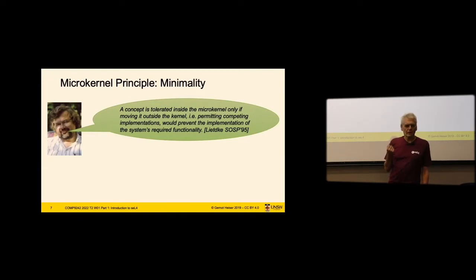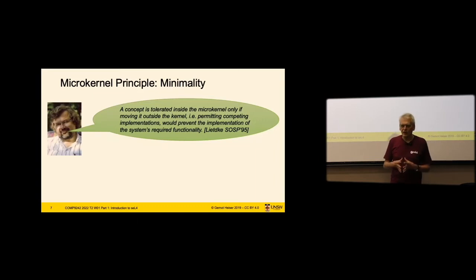He defined microkernels through the minimality principle. A microkernel contains only the code that needs to run in kernel mode in order to be able to deliver the required functionality. And if you think of that, that's not a lot, right? You don't need file systems in the kernel.